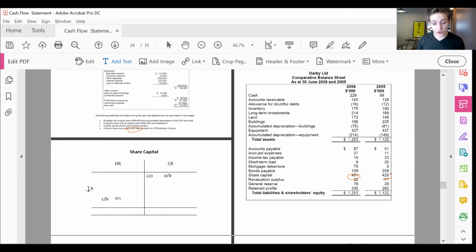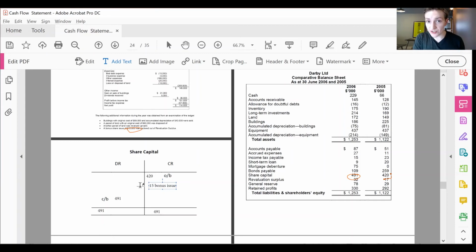What we then need to do is look at what things are going to be credits that are going to influence our share capital amount. Well, we know there was a bonus issue worth 15. Now, the bonus issue is not a cash flow. However, it is important for us so that we can work out what the cash flow is. So the only other potential thing that could arise here is a share issuance.